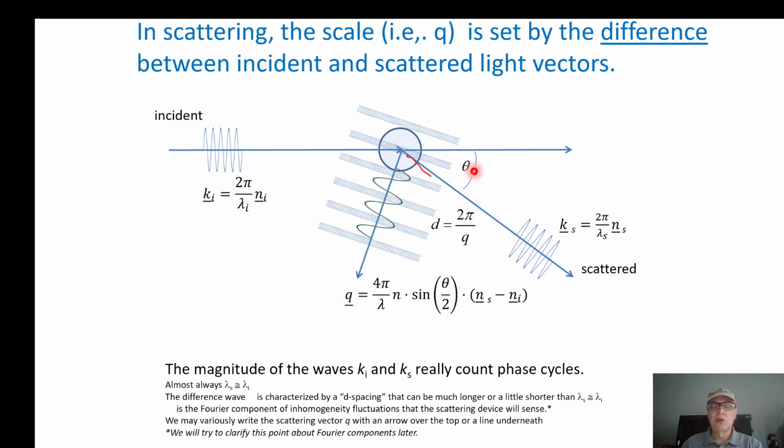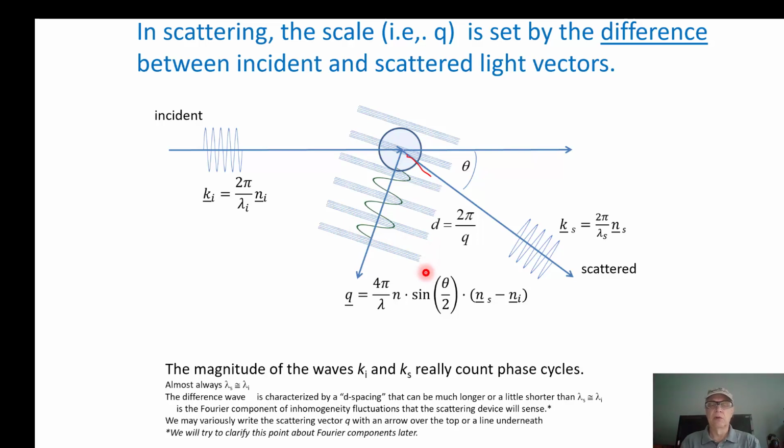And so you can see that if I have an angle here, which looks to be on the order of 30 degrees, my Q vector is going to be oriented, I don't know, maybe at 5 or something like that.